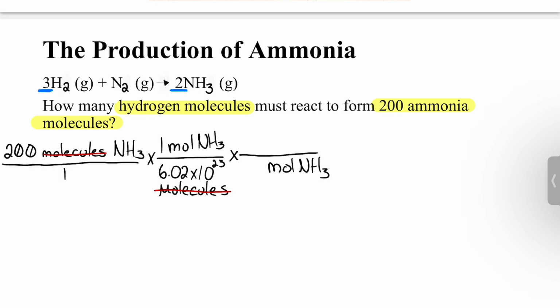I want moles of hydrogen, so moles of hydrogen will go on the top. Again, our mole ratio is 3 moles hydrogen to 2 moles ammonia. So I'm going to put a 3 moles next to hydrogen and a 2 moles next to ammonia. At this point, moles of ammonia cancel, and I'm left with moles of hydrogen.